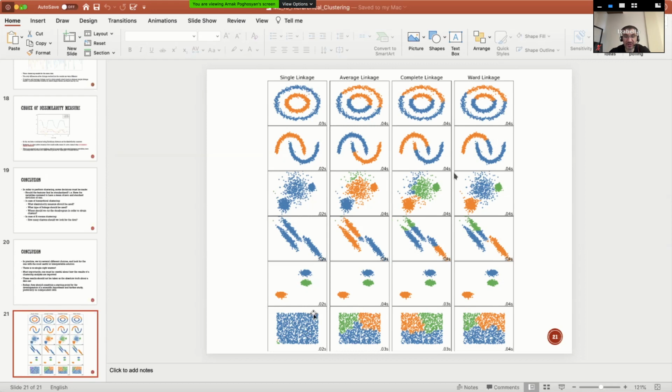And here you see dendrograms with different linkages: single linkage, average linkage, complete linkage, Ward linkage. Although we said that single linkage does not always lead to balanced trees, you see only this one is working in this case. So average, complete, and Ward linkages are not working.